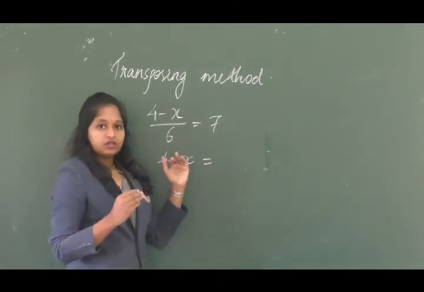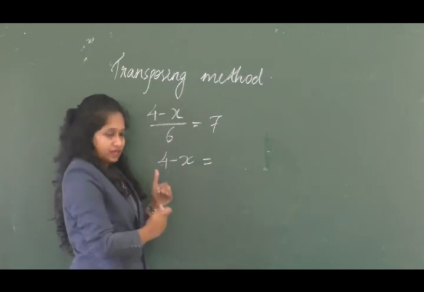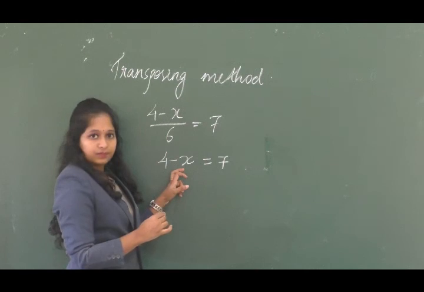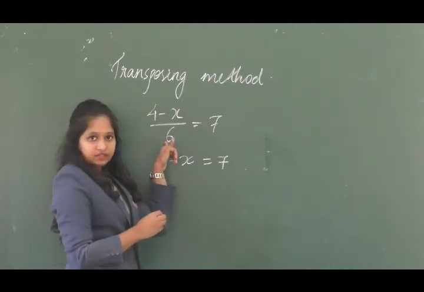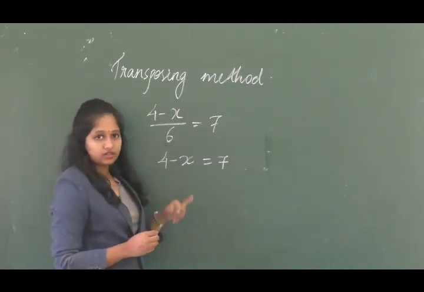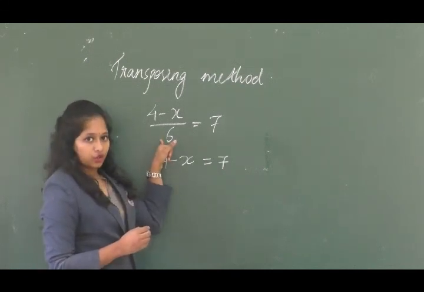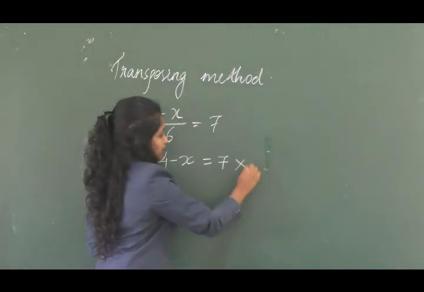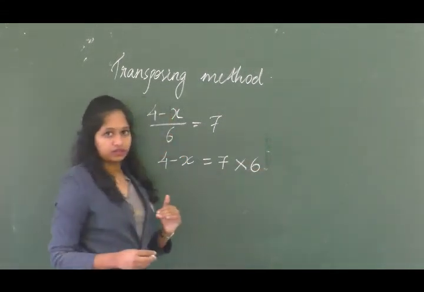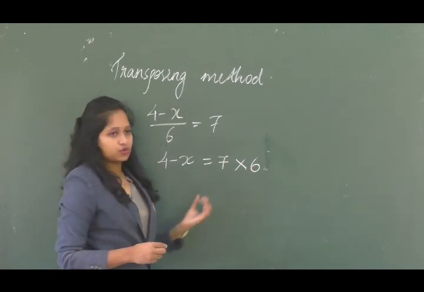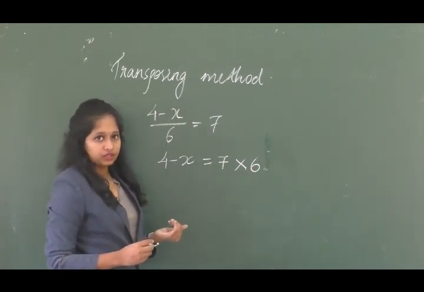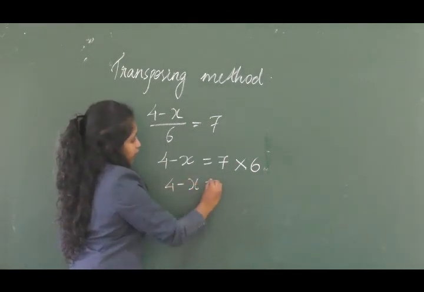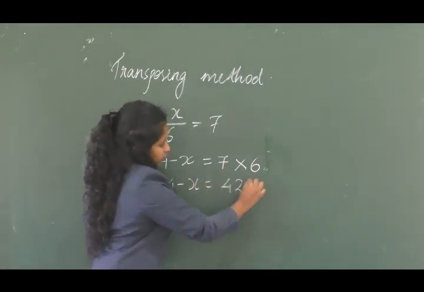So remember to place the variable on the LHS, and to find x, take the 6 to the other side. So it is here in the denominator. When you take to other side of equal to, it would come as multiplication in the numerator. So it becomes 7 into 6. Okay? And in the next step, calculate the value. 7 6 are 42.